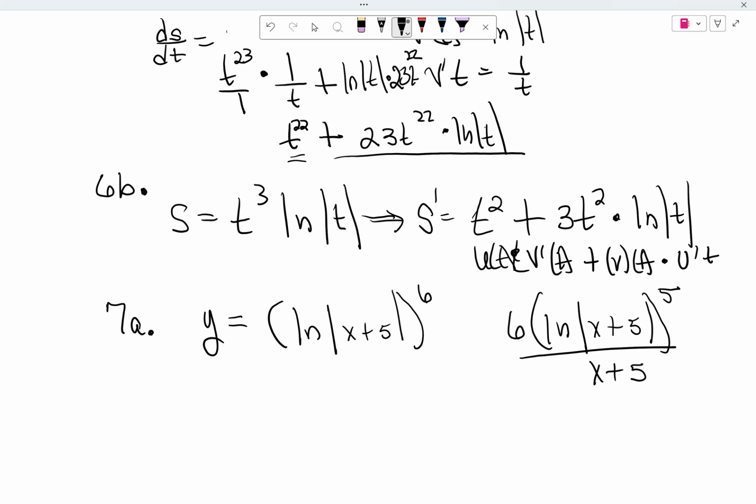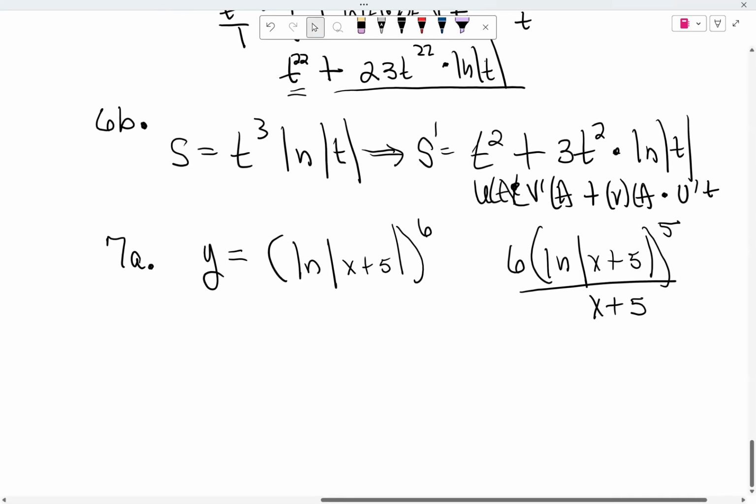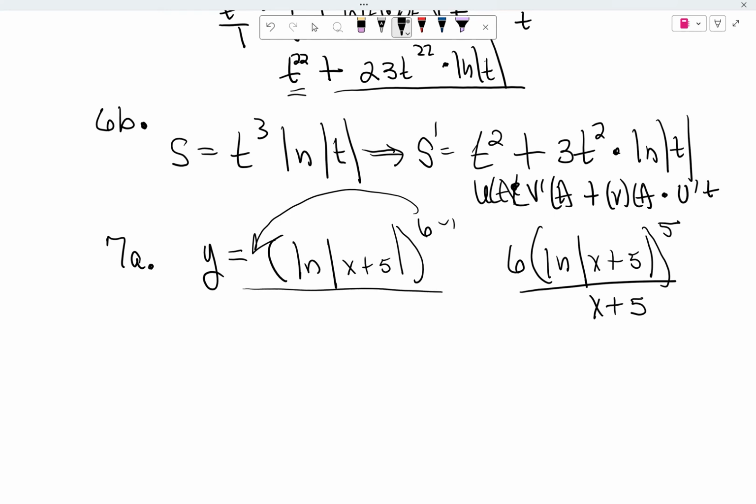It's that simple. So if you notice, I multiplied by 6, I took away 1. Leave it alone, and remember this is 1 over anyway, so that will simply end up being over the x plus 5.